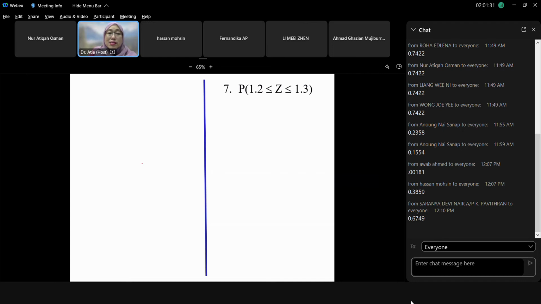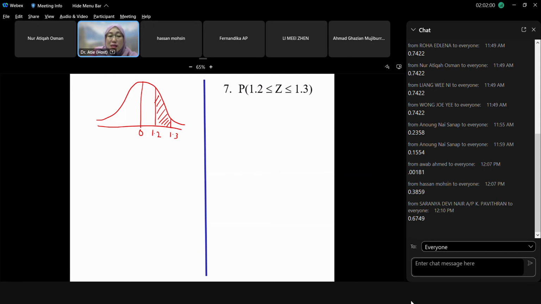All right, so let's look at number 7. What area is actually for exercise number 7? So we have the middle one. Now this time we have 1.2 here and then 1.3 here, right? Wow, this one is a little bit tricky. Before, it was easy for us to make it 0.5 minus or 1 minus.